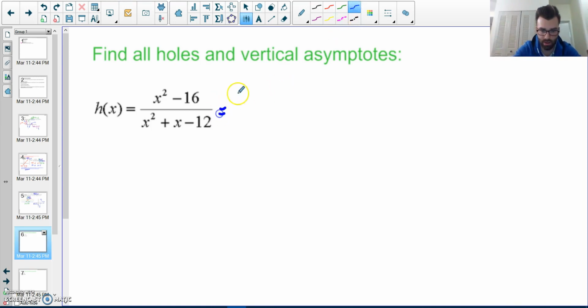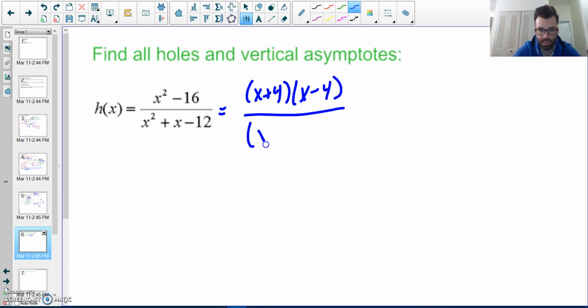Okay, so the first thing I want to do is factor the numerator, x plus 4, x minus 4. Factor the denominator, x plus 4, x minus 3. Okay, so what cancels? The x plus 4.